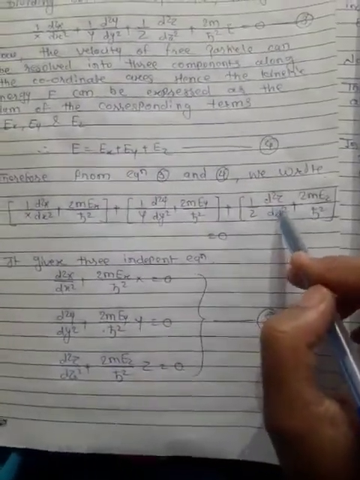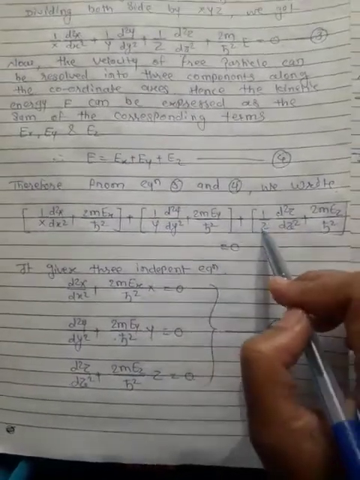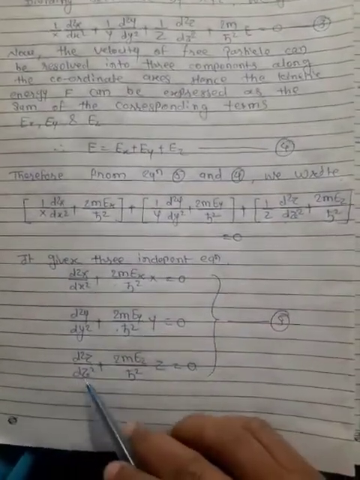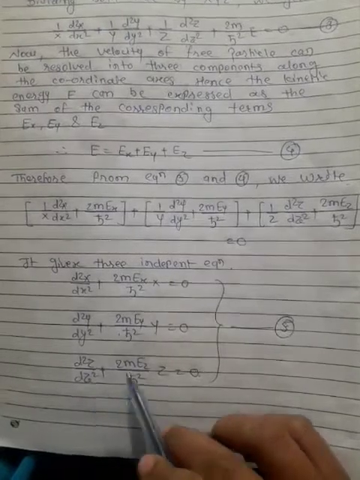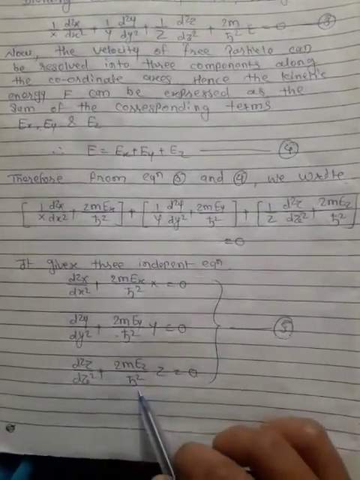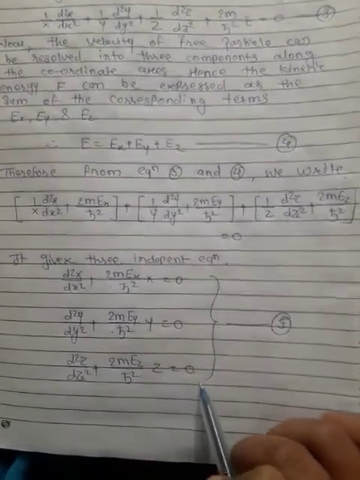Similarly, equating the third term to 0 and multiplying by Z, we get d²Z/dz² + (2mEz/ħ²)Z = 0.